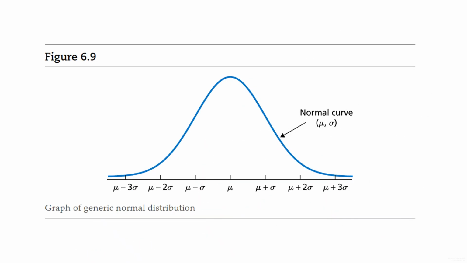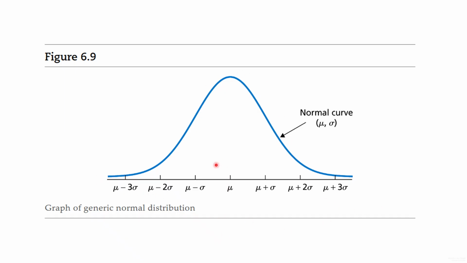This illustration is just showing the graph of a generic normal distribution, but there are a few things about this figure that go along with the properties, and I'm going to say them again. I'll sound like a broken record, kind of annoying, but it is a bell shape.